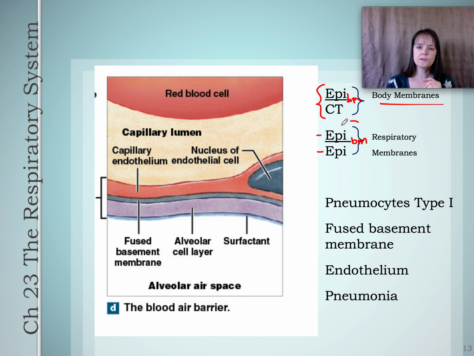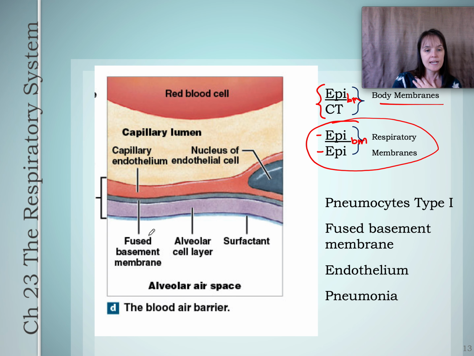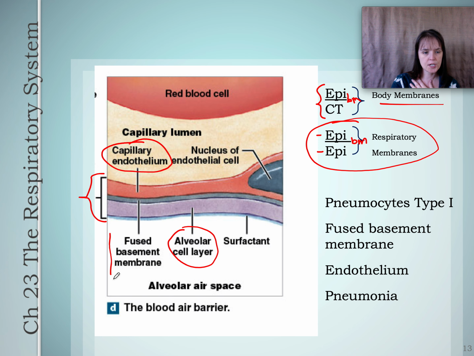So the respiratory membrane is literally the thinnest membrane in the body. And the two parts are the alveolar cell layer. So here's your respiratory membrane. Their bracket looks like a bracket. And the capillary endothelium with a shared fused one basement membrane between them.